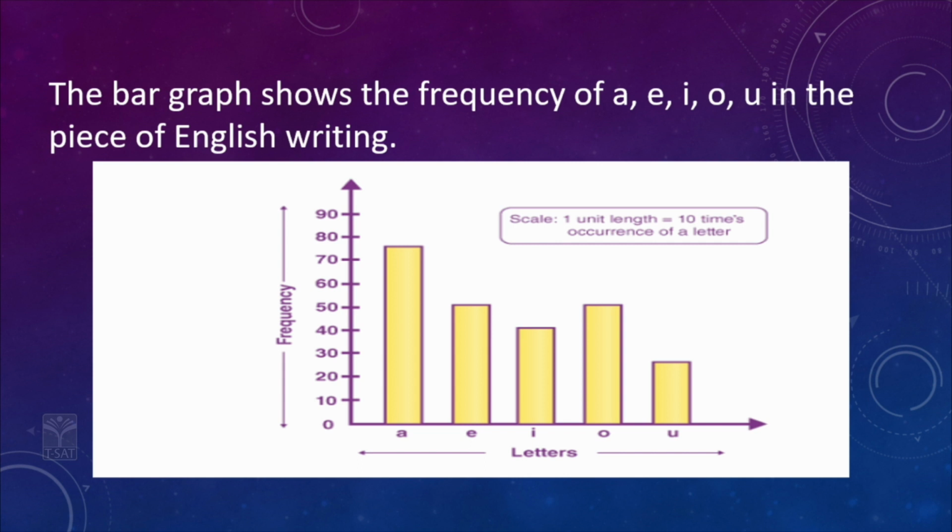The bar graph shows the frequency of letters in a piece of English writing. So here the bar graph is given. The frequency is on the y axis, and the letters are on the x axis.